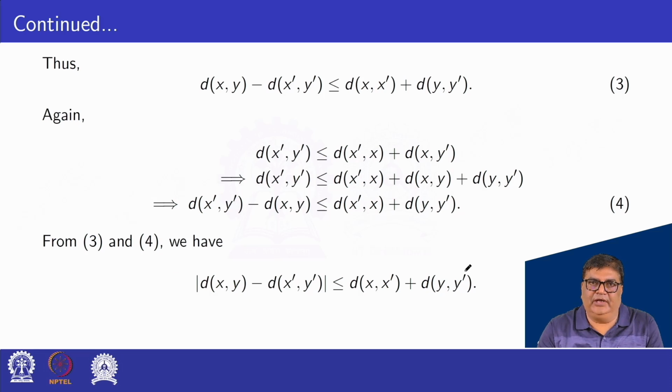Hence we can write the absolute value of d(x,y) minus d(x',y') is less than or equal to d(x,x') plus d(y,y'). Hence proved.